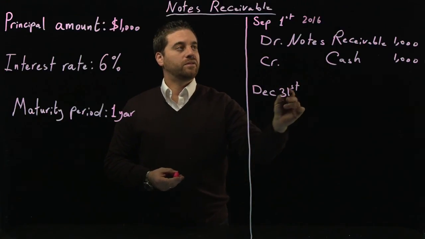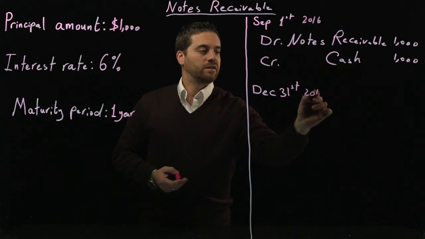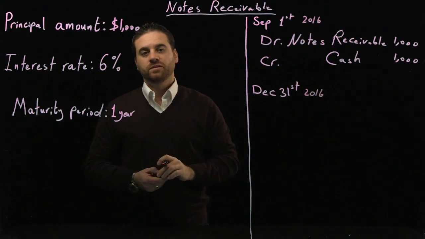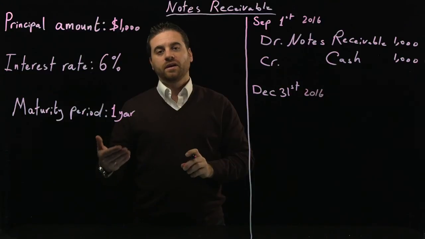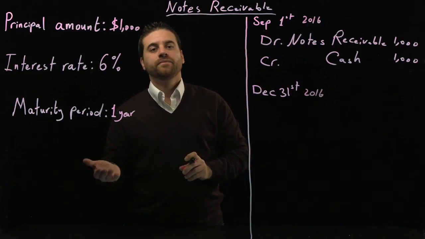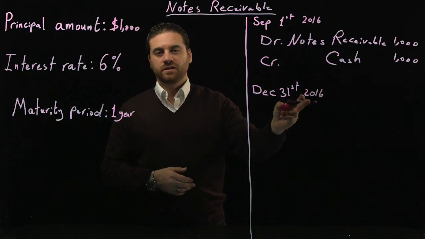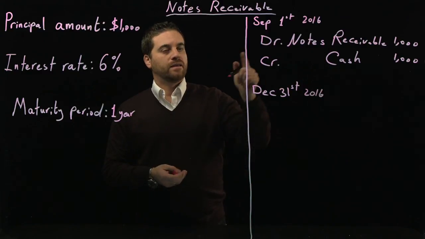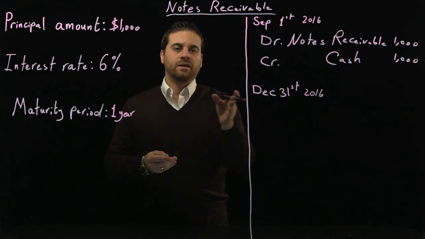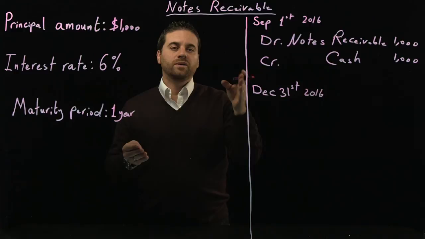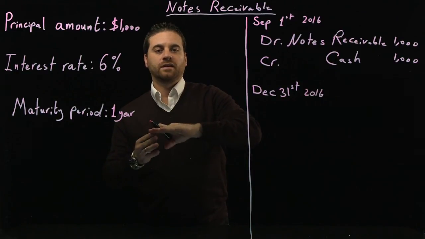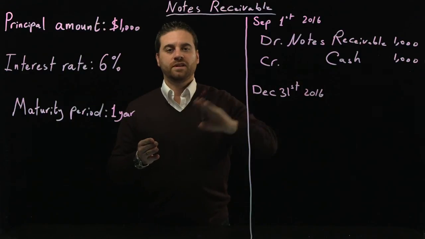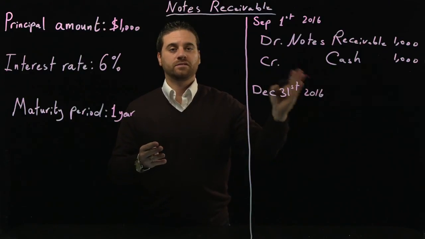However, on December 31st, 2016, we have to record an adjustment, which is accruing the interest revenue that belongs to 2016 itself. Because of that 1 year, 4 months are going to be in 2016, and then the rest of the period, which is 8 months, will be in 2017.